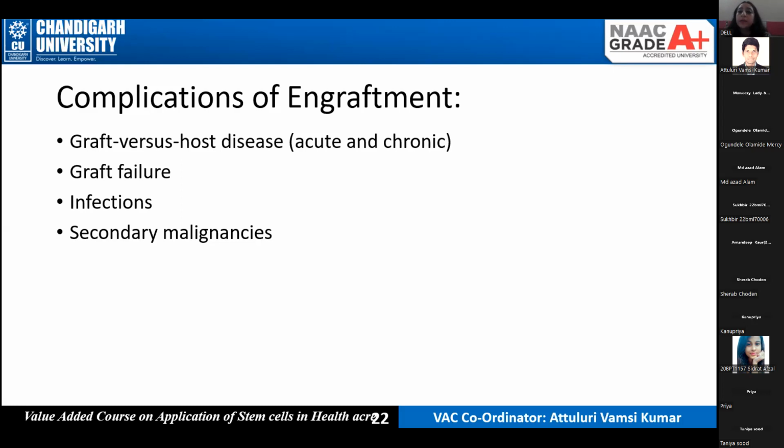All the blood cell types are lower in number, so that indicates graft failure. There are different causes of graft failure, like host factors, chemotherapy, or immune mediated rejections. So these are the factors which lead to graft failure.